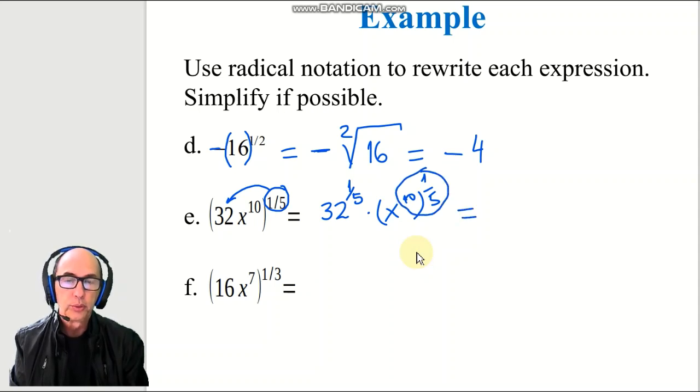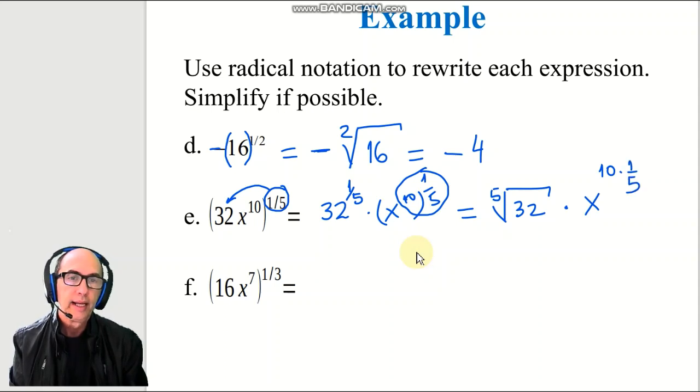This is equal to the fifth root of 32 times x to the power of 10 times 1 over 5. What's 10 times 1 over 5? 10 times 1, 10, divided by 5, 2.